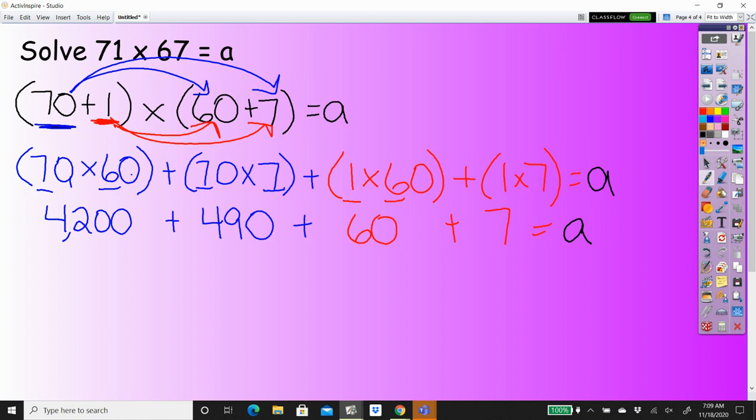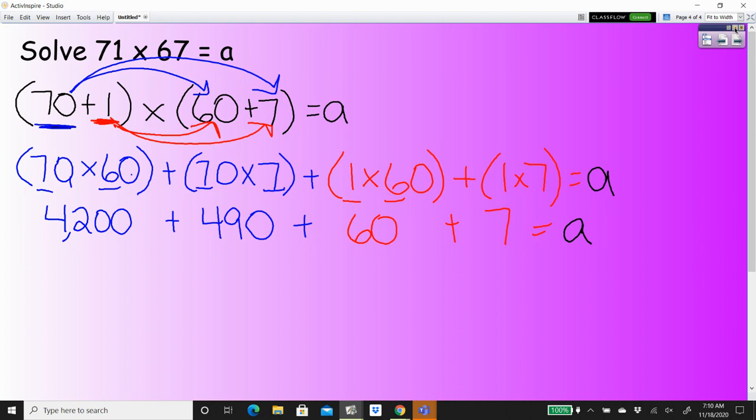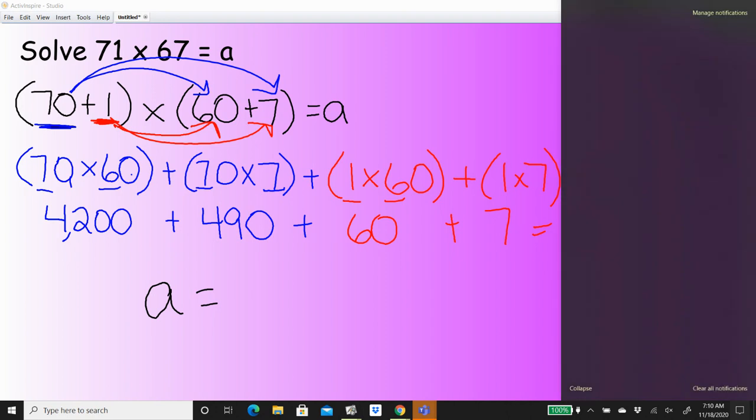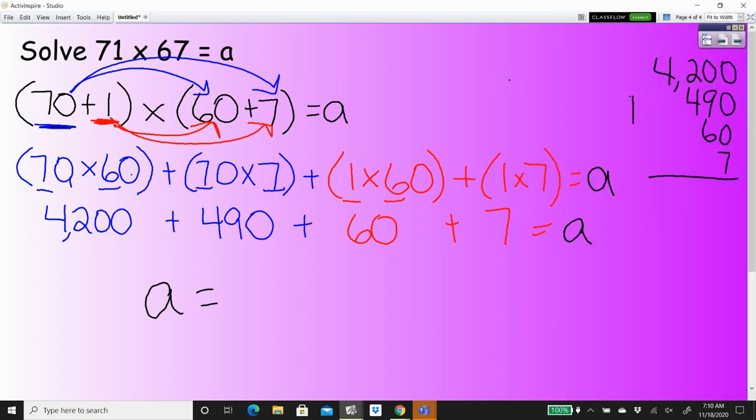So the last step is to add up all these partial products to determine what the value A represents and what my final product would be. So I am going to add 4,200, 490, 60, and 7. And I get 9 plus 6 is 15.